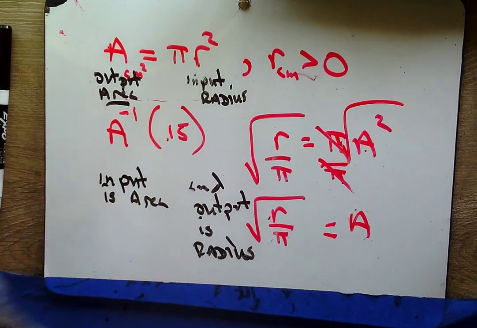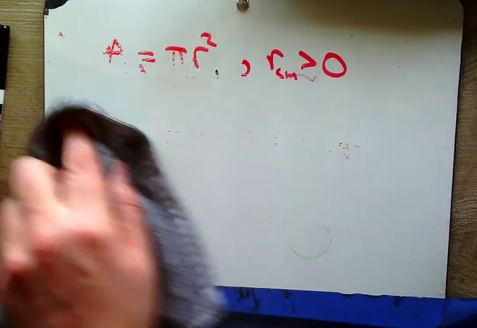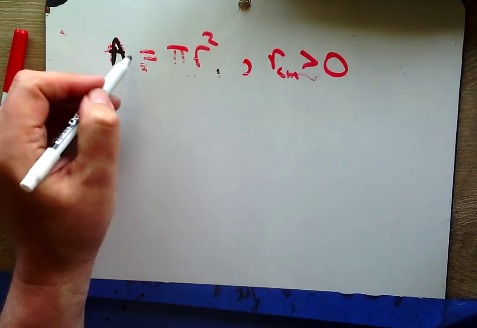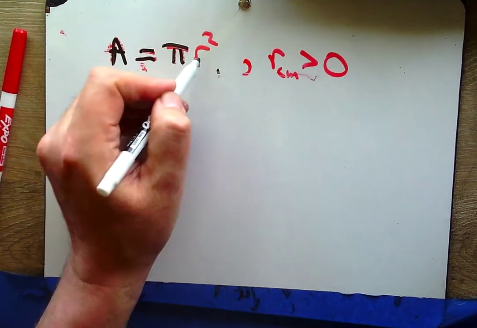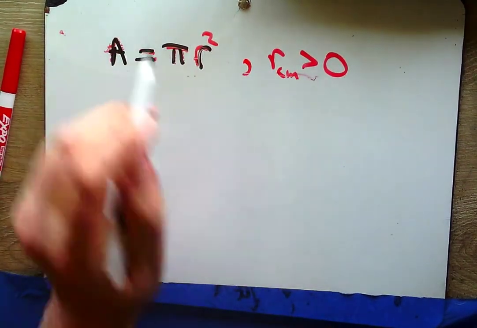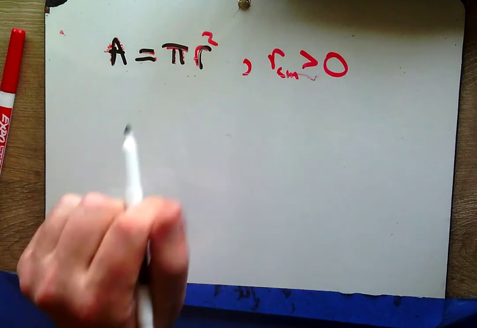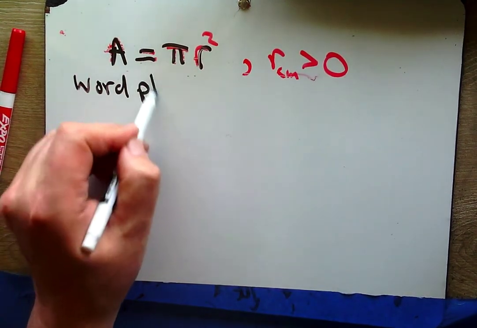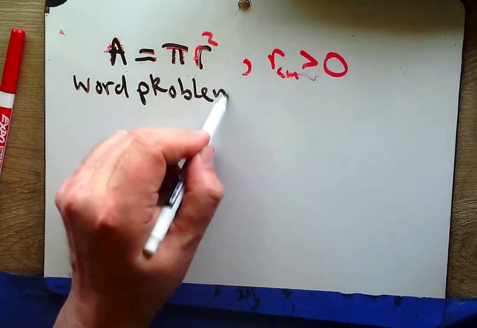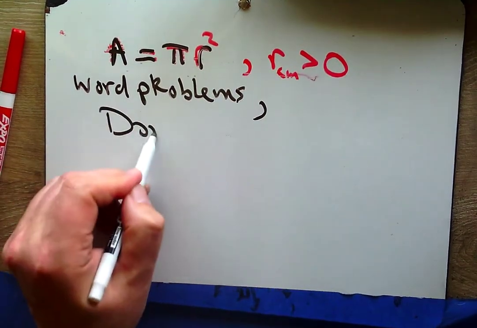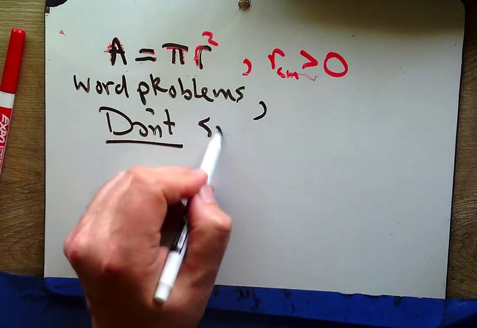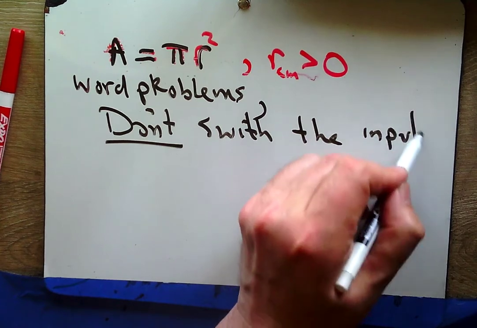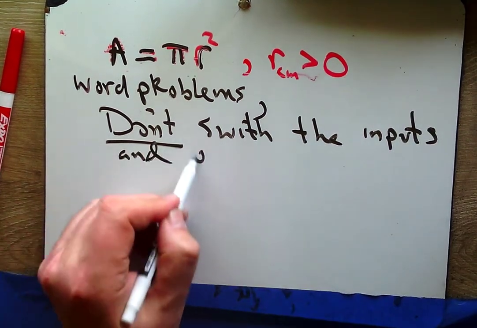The way we did it yesterday, where we always started by saying, let's switch the x's and y's. Well, word problems are different. They're just going to be different. No, they're not going to be harder. They're just going to be different. And by different, here's what I want you to do. For word problems, don't switch the inputs and outputs.